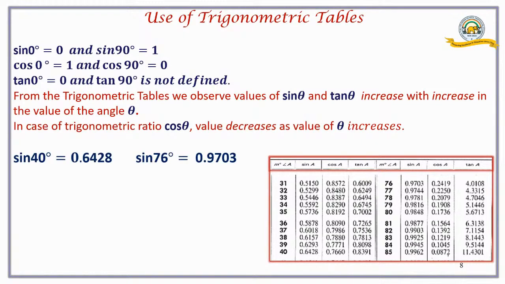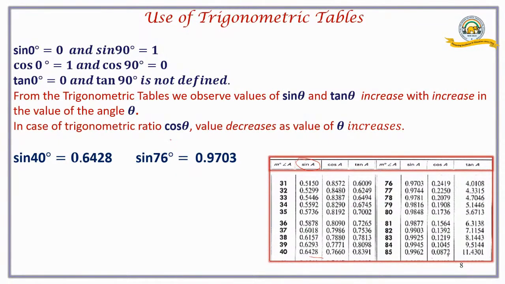Now let us see sine 40 degree. When you are looking up your table, this is our sine ratio. Can you see your sine ratio? This is sine, and here we have got 40. What is the corresponding value? 0.6428. So sine 40 is 0.6428. And what is sine 76?